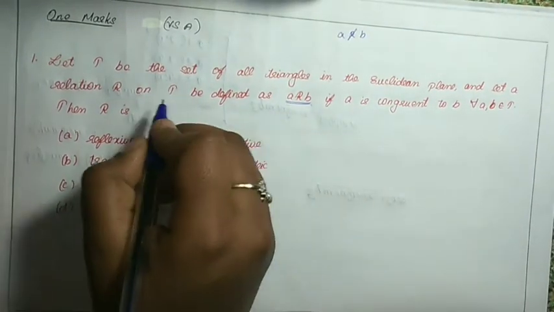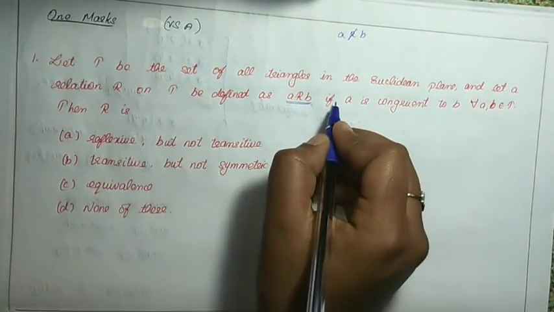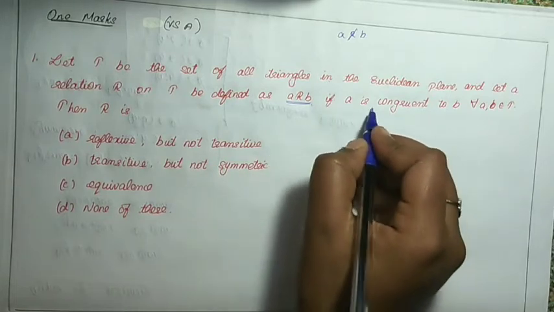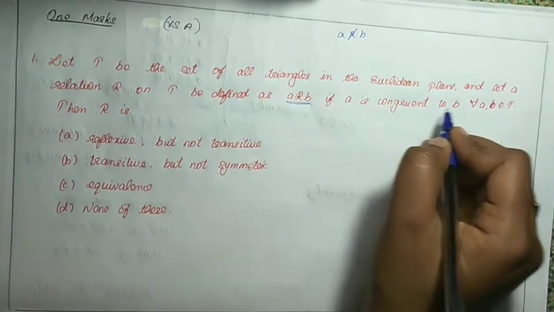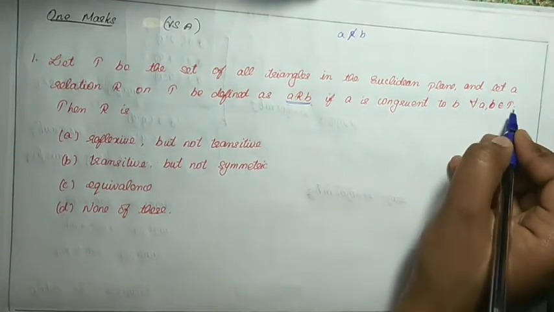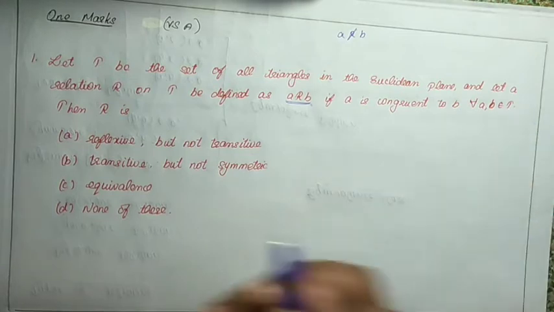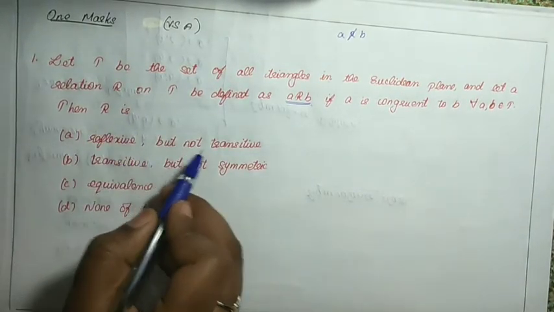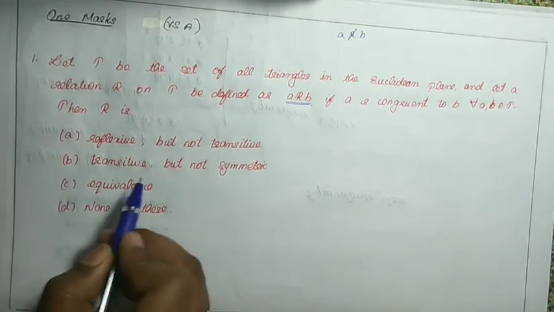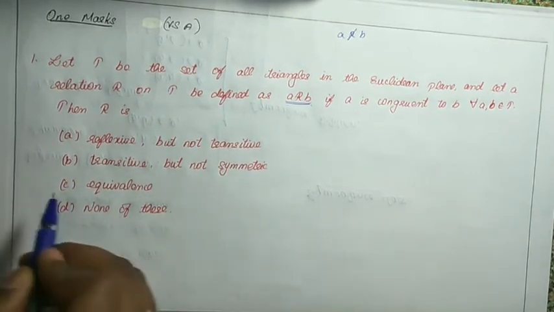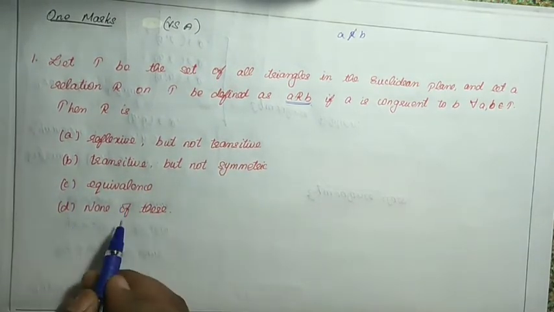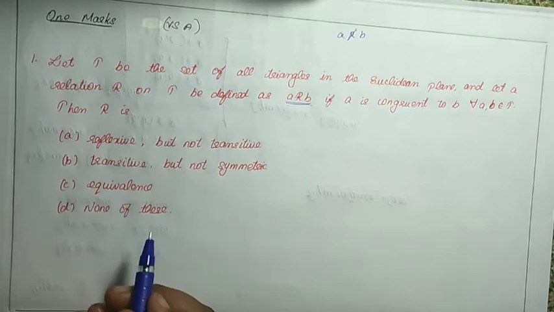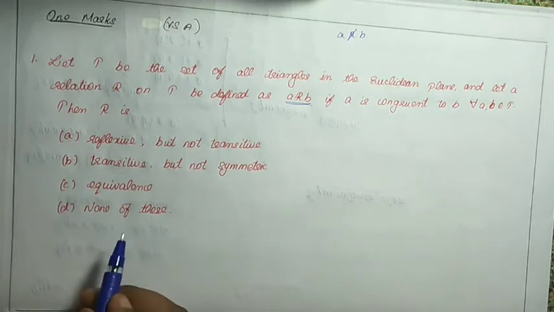So R is defined as A related to B if A is congruent to B for every A comma B belonging to T. Then R is option A reflexive but not transitive, option B transitive but not symmetric, option C equivalence, option D none of these. These types of questions are mostly expected.